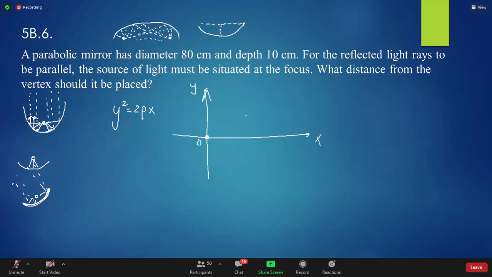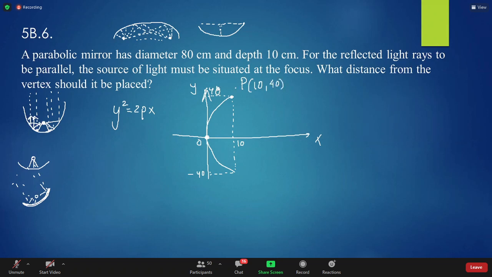We understand that at x equals 10 centimeters, the point on the parabola evidently has height 40, because the diameter is 80, so evidently 40 and minus 40.